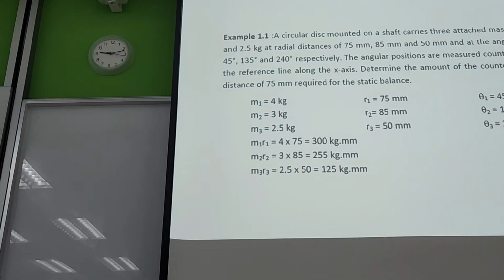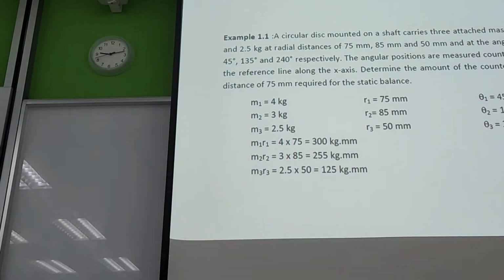The angular positions are measured counterclockwise, means the direction is positive, from the reference line along the x-axis. So determine the amount of the counter mass at a radial distance. So here RC is given, which is 75 mm, for static balancing. You need to calculate the counter mass, MC. And of course you also need to know the orientation of this balancing mass.